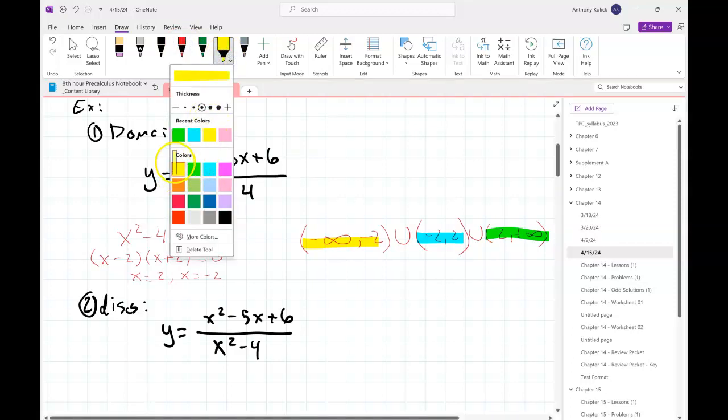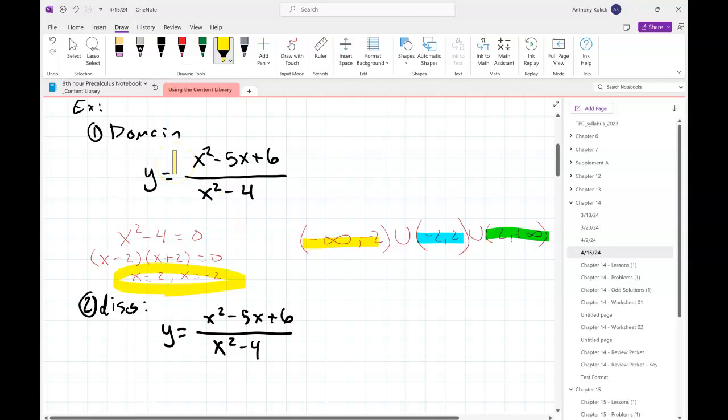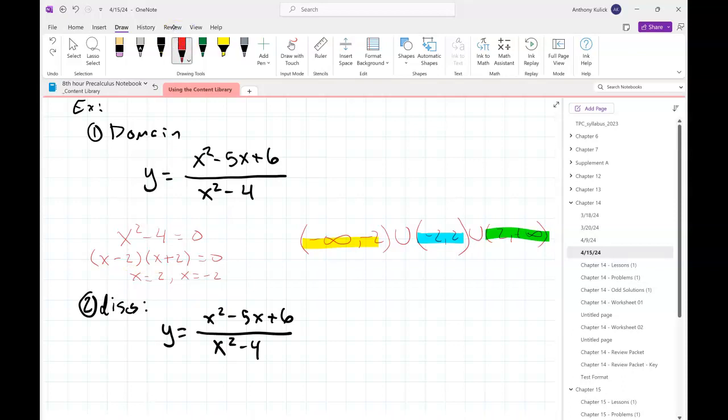Those are the things where we divide by 0, right? Those are the x's that mean we're dividing by 0. Those can't be in the domain because there's no answer to that problem. Everybody happy on domain? One more. Where's the next one?